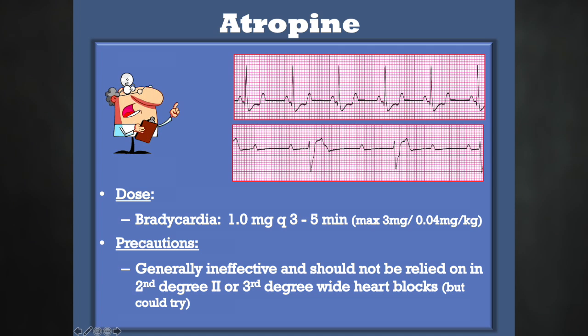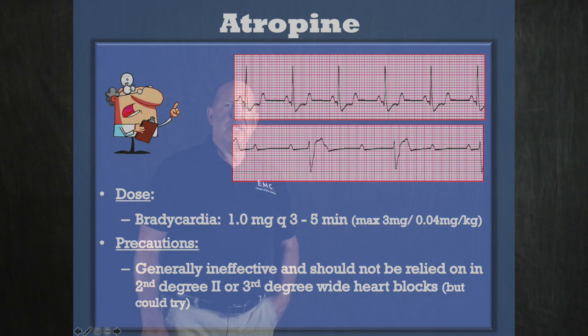We have to be cautious if we think about what I said this medication does. This medication increases the number of P waves that you get, which hopefully increases the number of QRSs. If the patient's in one of the heart blocks where there's more P waves than QRSs, and we give atropine to increase the P waves, we don't necessarily get more QRSs.